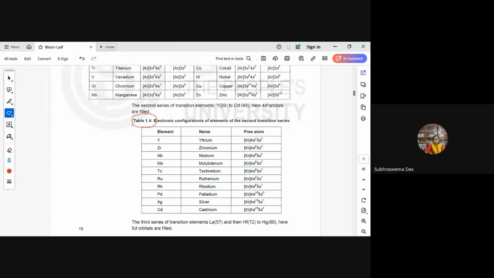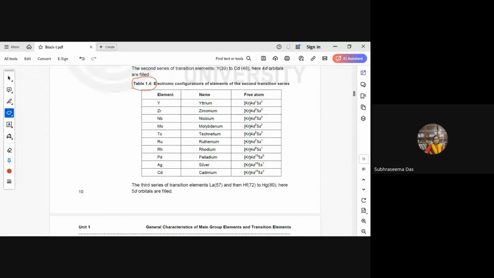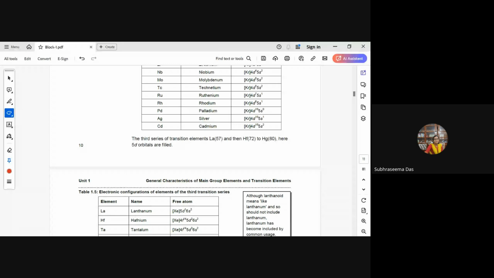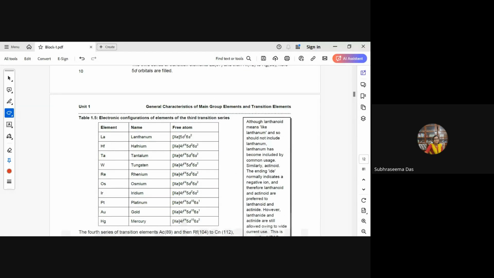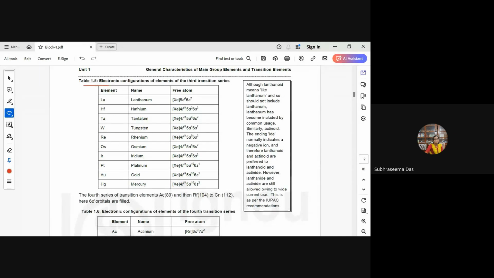Then the third transition series, which we know consists of the elements starting from lanthanum. Particularly the lanthanide elements begin here, and the electron starts filling in the 5d orbital. You can see in table 1.5 the electronic configuration of the third transition series. After lanthanum, we have the inner transition series, referred to as the lanthanide series.